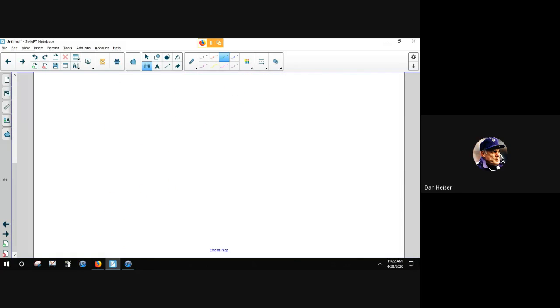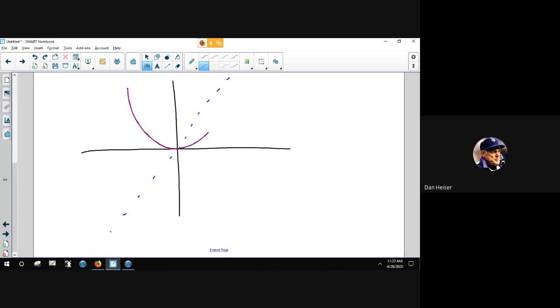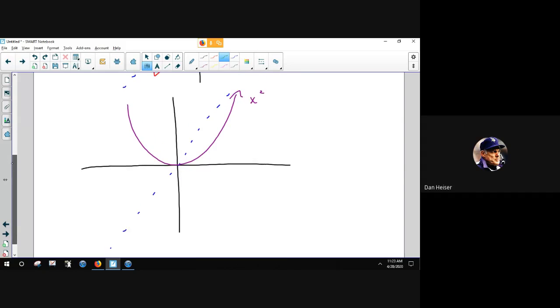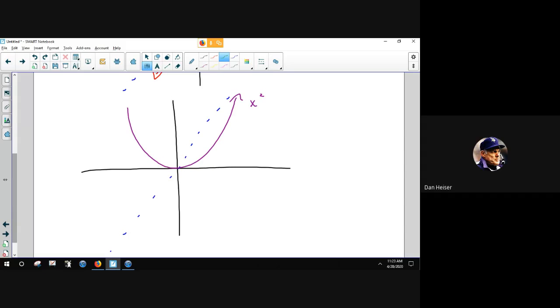Here's a function that does not have an inverse that's readily available. And that's x squared. Here's why it doesn't have an inverse. At least not a nice one yet. I'll do the inverse in green.